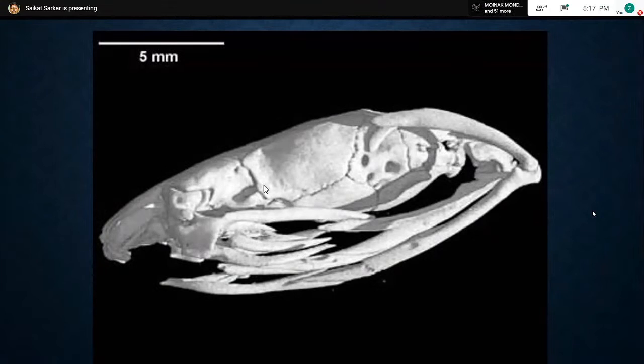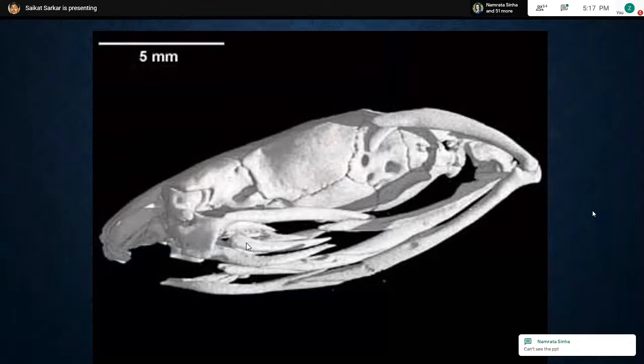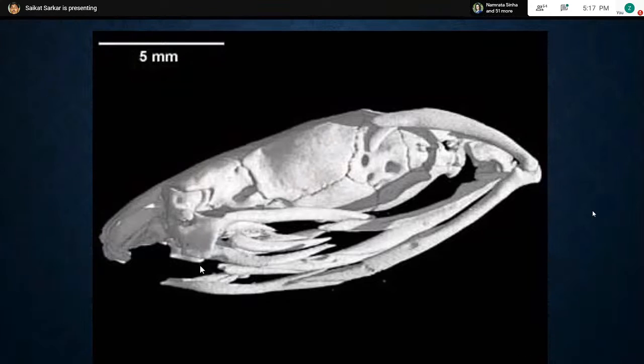This is the typical skull, and you can see the fangs, very big fangs, and the biting mechanism is not the one that we read in our BSc or MSc courses. So this is very, very different from what we are taught as the biting mechanism of snakes.